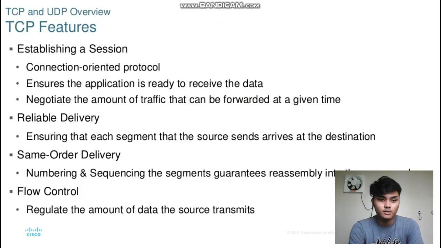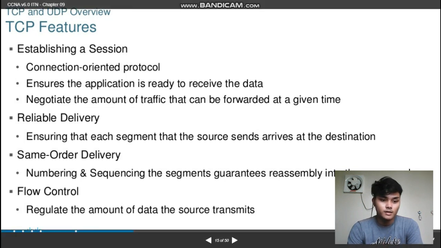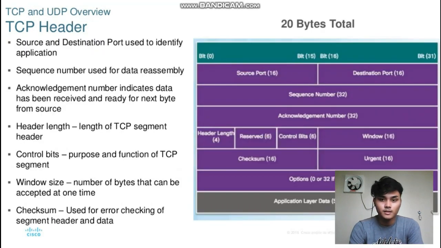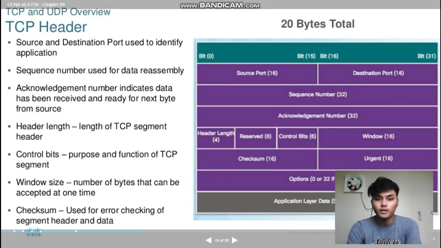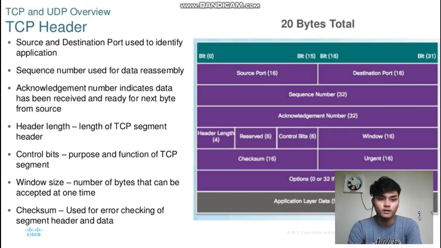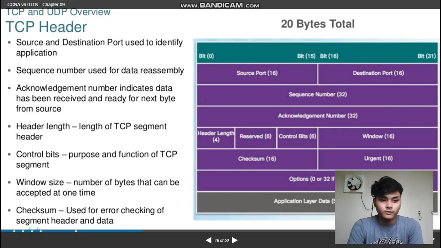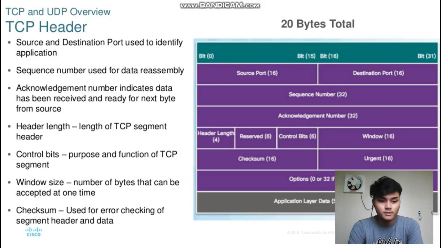Establishing a session: a connection-oriented protocol ensures that the application is ready and negotiates the amount of traffic. We have here reliable delivery, same-order delivery, and flow control. We have the TCP header. As you can see, it is 20 bytes total, with header length, control bits, window size, and checksum.